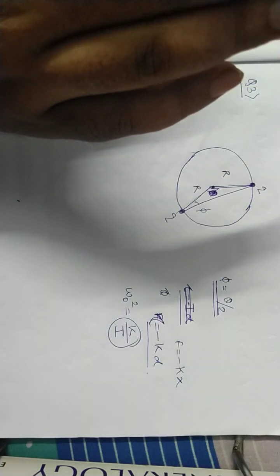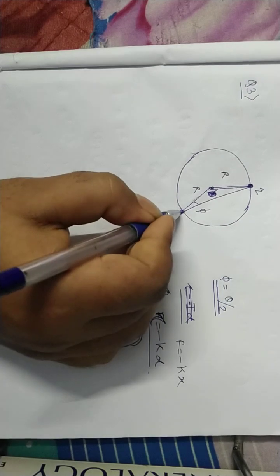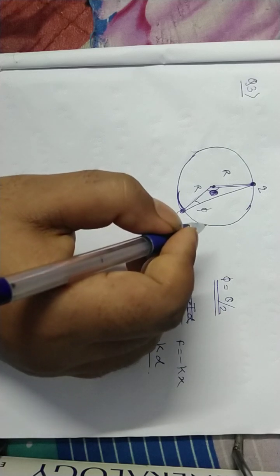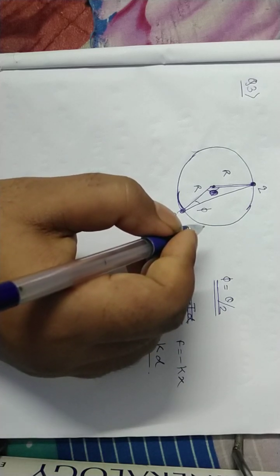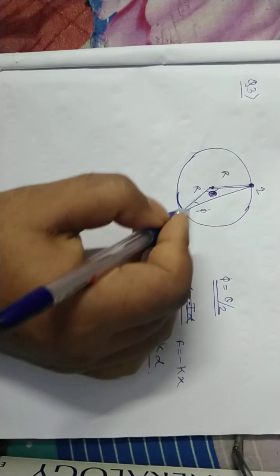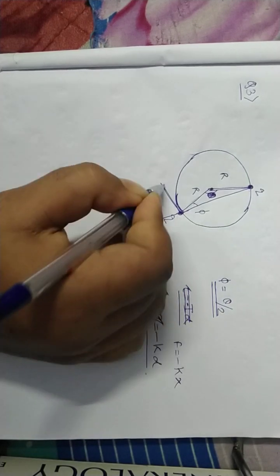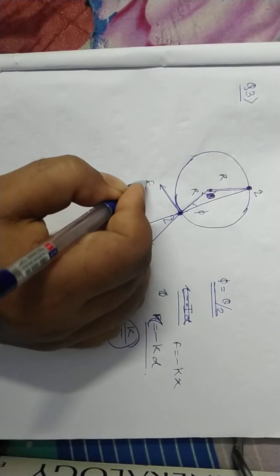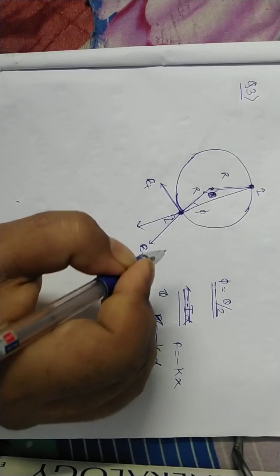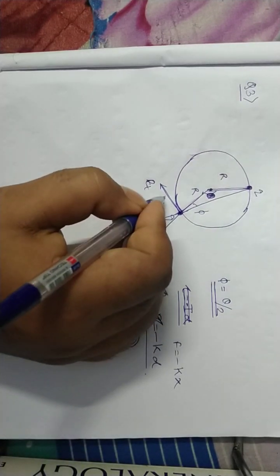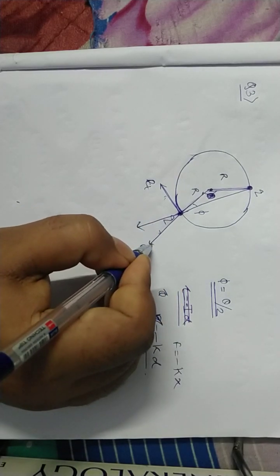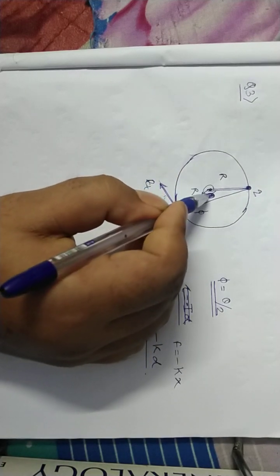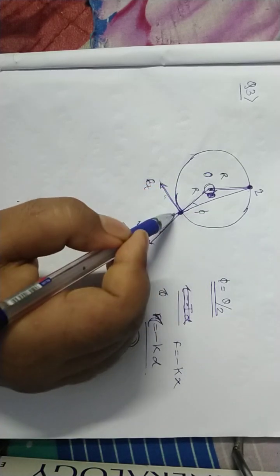Now you need to identify very carefully about which point it is oscillating. Look, here a force F is acting. This direction is the tangential direction and this is the radial direction. We will resolve this force along these two directions. Obviously the radial one doesn't contribute to oscillation, only the tangential one does, and we can take the main point to be O. About this point it is oscillating.